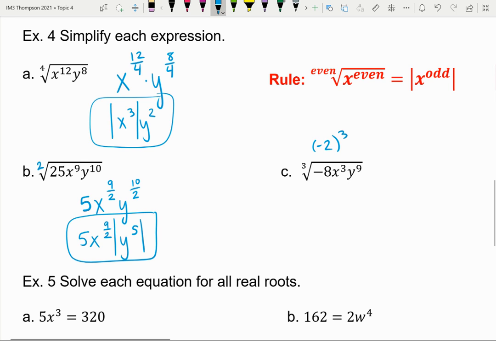Because negative 2 cubed is negative 8. Negative times negative times negative. So the cubed root of negative 8 is negative 2. Beautiful.